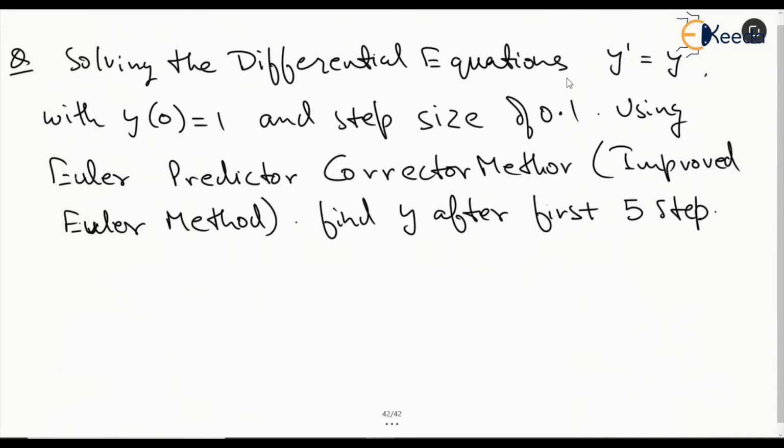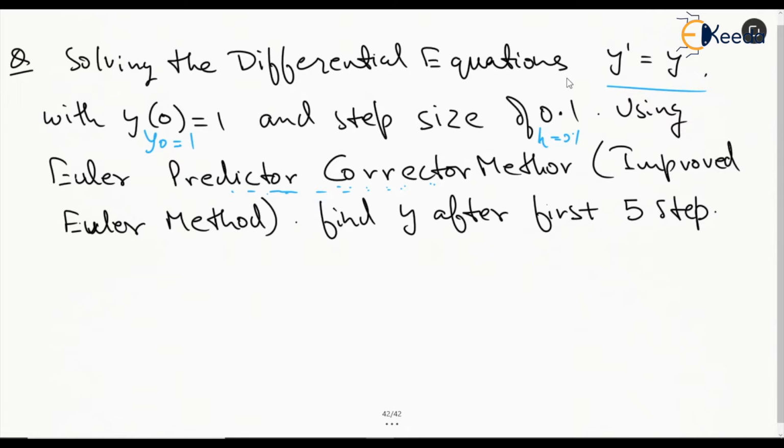So we need to solve this differential equation with the initial condition y0 is equal to 1 and step size h is equal to 0.1. Improved Euler method is also known as predictor corrector, like we have already discussed predictor and correctors. Predictor is the yn star, whereas corrector is the final yn plus 1.